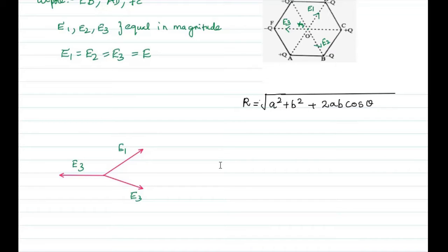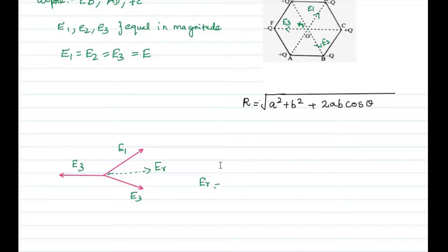Now you have to find the resultant electric field. So draw the resultant electric field. Let the resultant electric field be ER. Now apply the parallelogram law of vector addition to find the resultant vector ER.